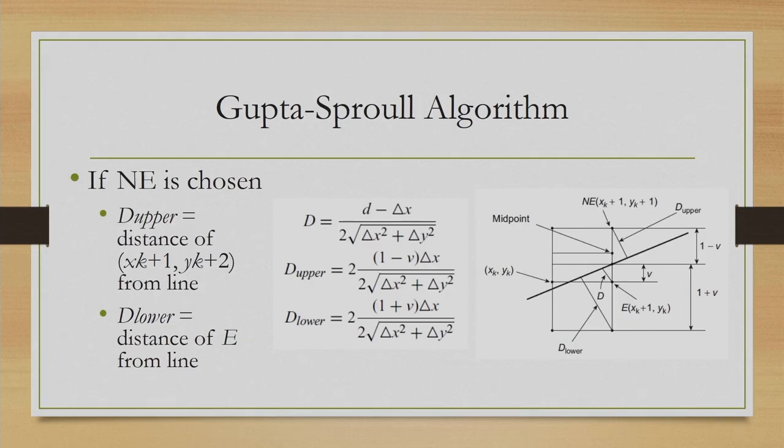Now, in case of E, suppose we have chosen NE, then of course, these distances will be computed differently. Again we can use geometry to check that the distances will be represented in this way. Of course, here D upper is different and D lower is different as compared to the previous case, and their distances we can represent using these expressions.